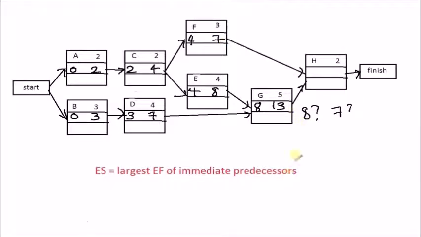According to this rule, we choose 13. This part of the operation, where we find the earliest start and earliest finish of all activities, is called the forward pass.